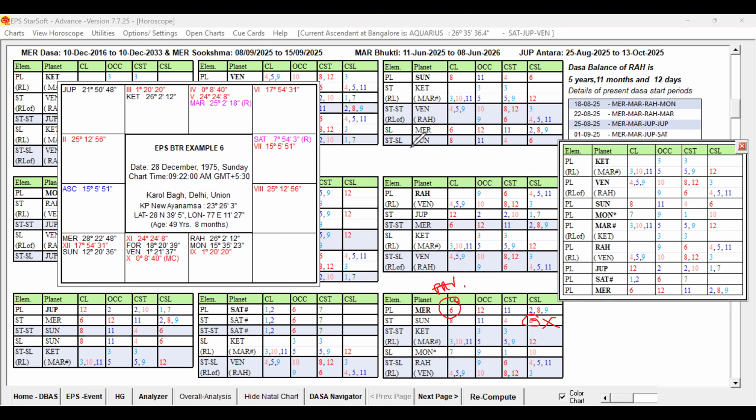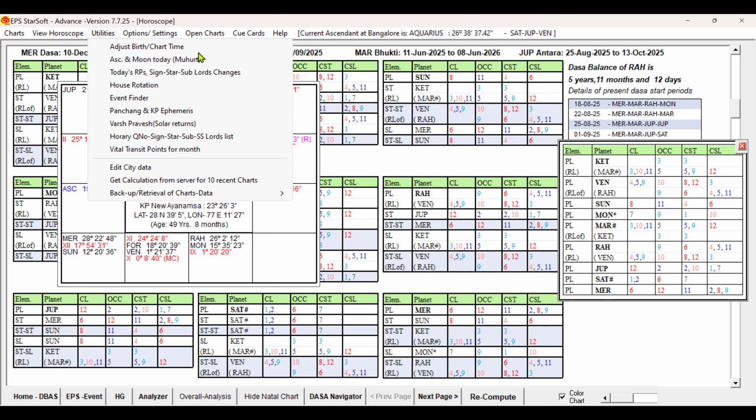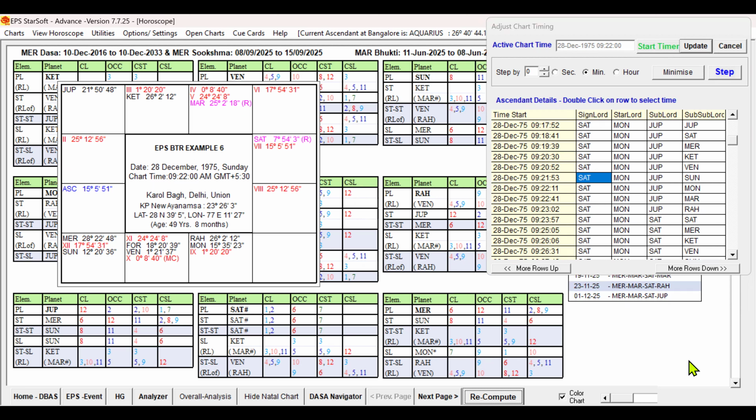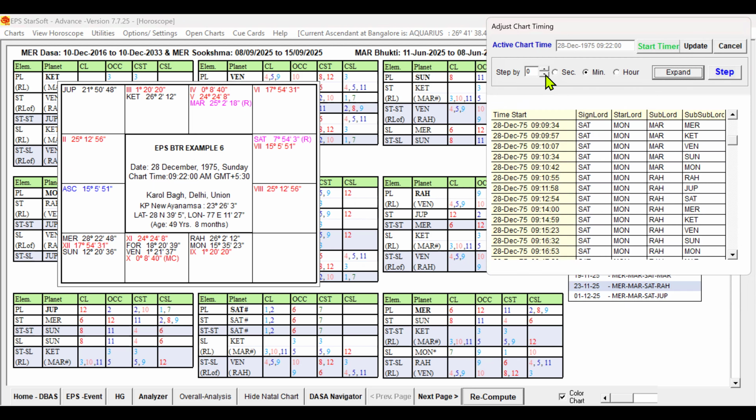What we will do, we'll go one by one and let me start reducing the birth time by 1 minute. Adjust birth time. 1 minute.